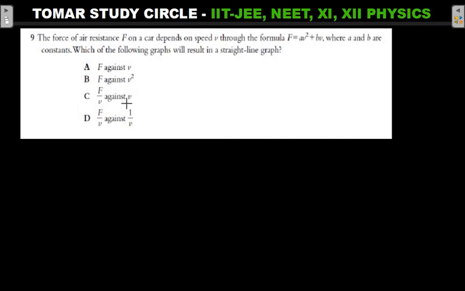The given force-speed relation is F equal to A V square plus B. Here A and B are constants. On dividing this equation by V both sides, we can write F upon V will be equal to A V plus B.